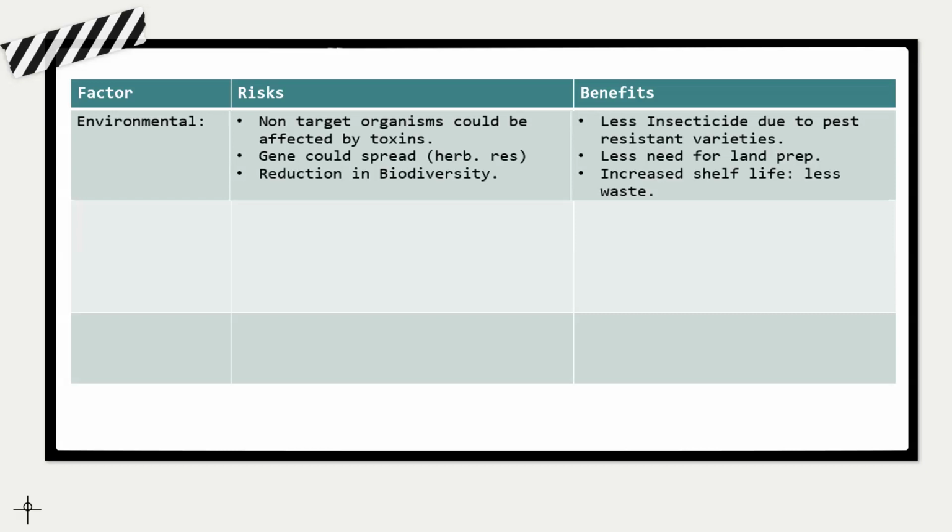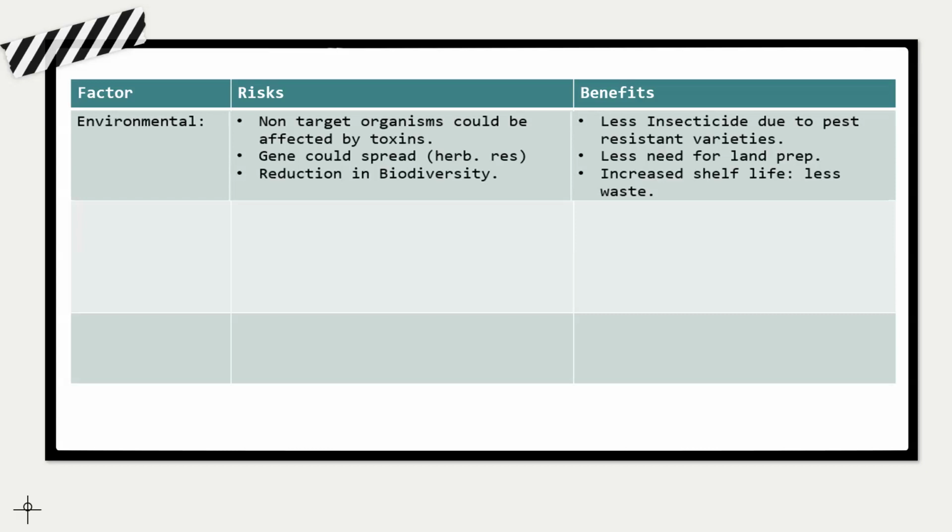You could end up with a reduction in biodiversity, because if in your paddock you're only growing cotton, and you've ensured that because the cotton's growing there, you can then spray, say, Roundup, and it kills everything else in the paddock, then you're actually reducing the biodiversity in that area.